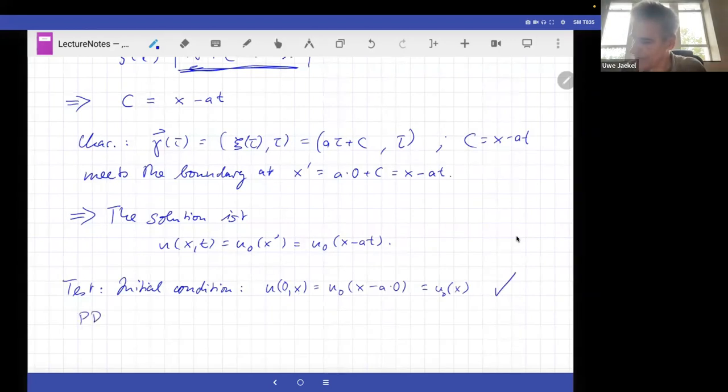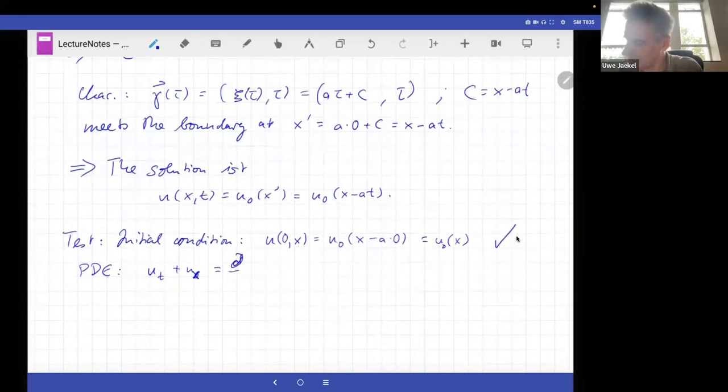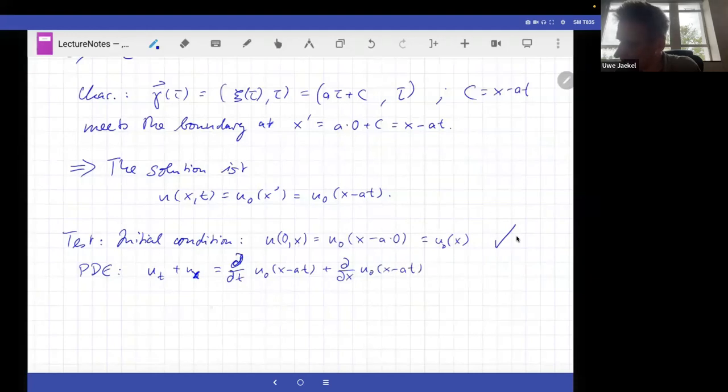And second, have we fulfilled the PDE itself? So ut plus a ux must be 0 in the end. So what is ut? This is del over del t of u0 of x minus at, plus del over del x of u0 of x minus at. Let's see whether this is really 0. u0 is a function of only one variable, so every derivative will be the derivative of u0 at x minus at.